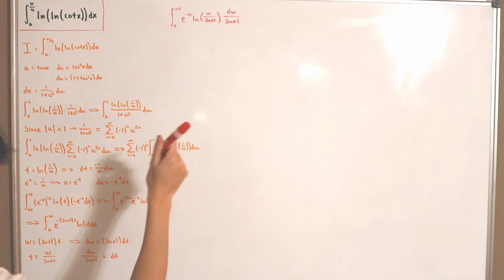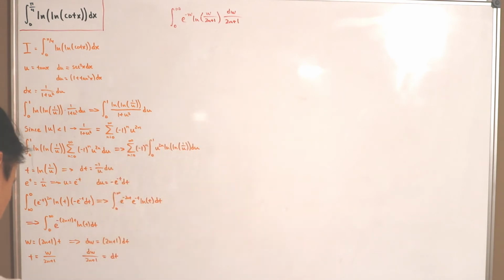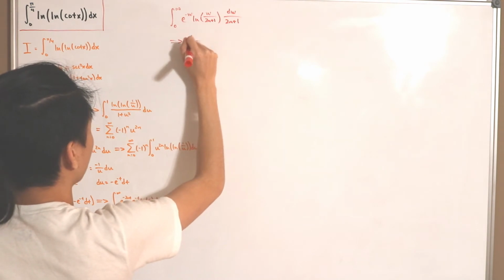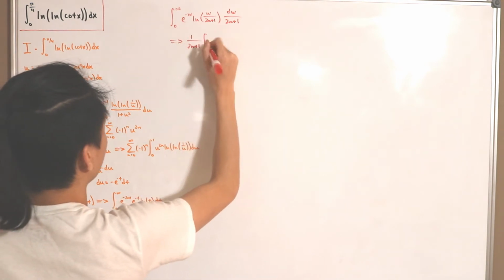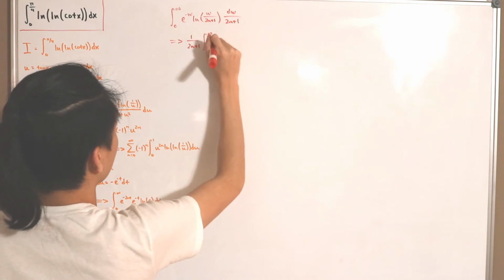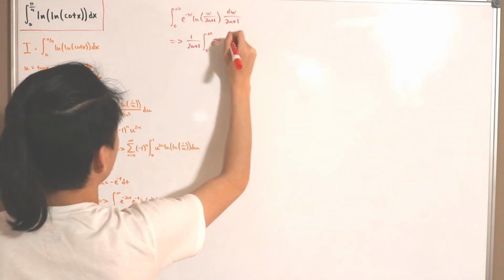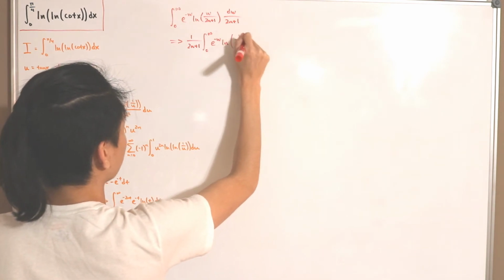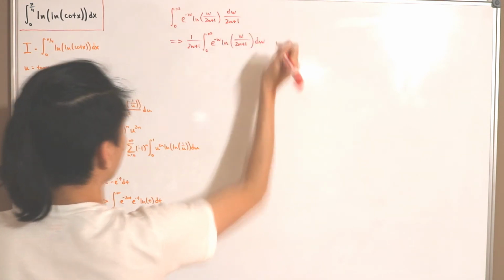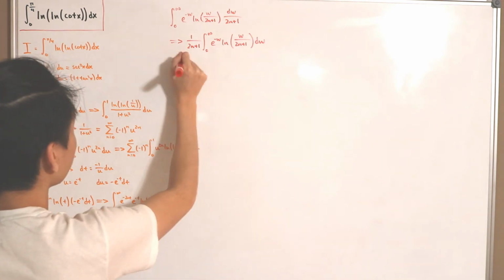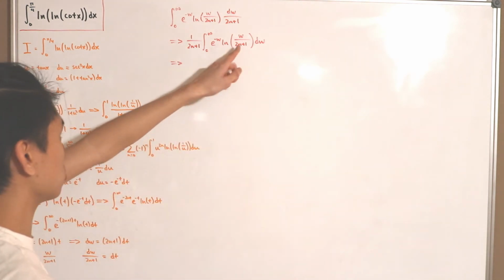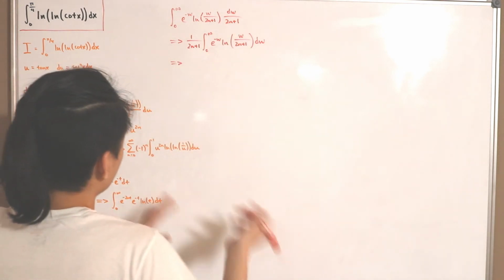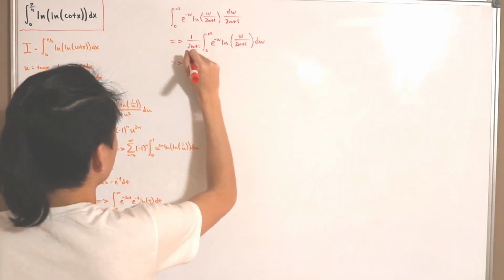And then I'll factor out the 2n plus 1, so we get 1 divided by 2n plus 1, multiplied by our integral from 0 to infinity of e to the power negative w multiplied by ln of w divided by 2n plus 1 dw. Next, I can use our rules of natural logs to write this as a difference of two natural logs, but be careful that we have to distribute later, so let me take it slow.